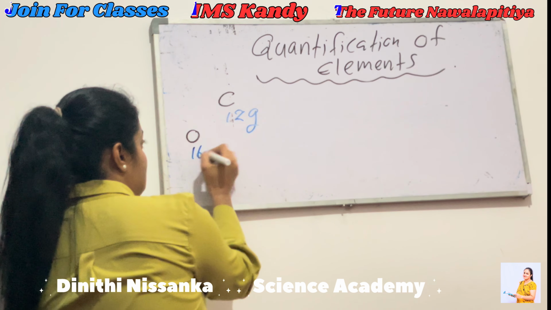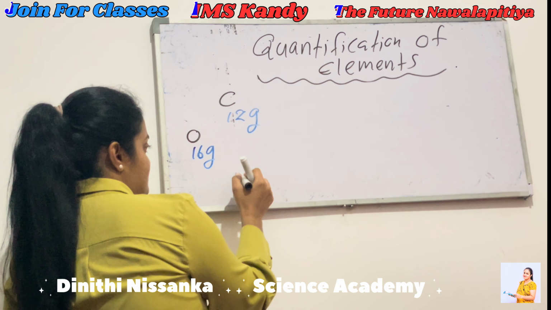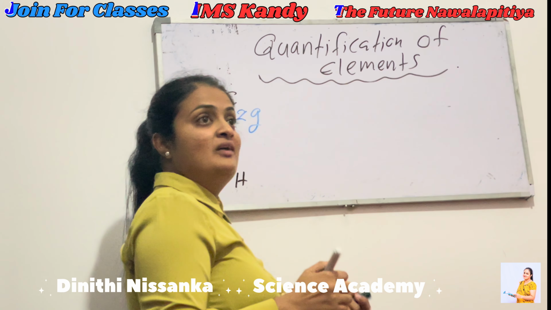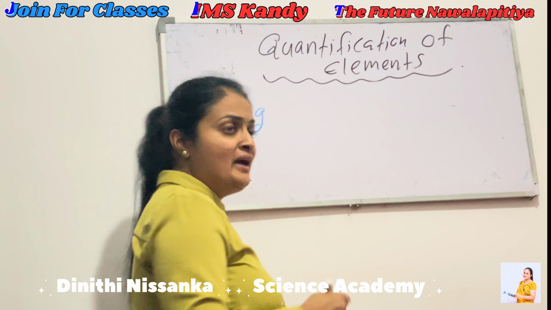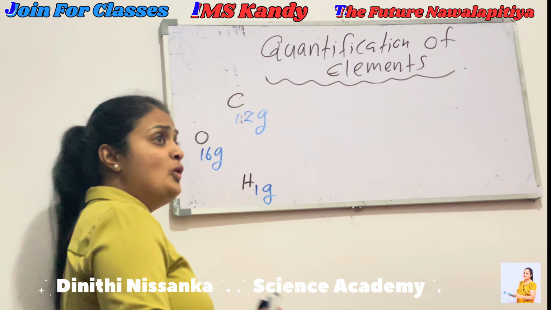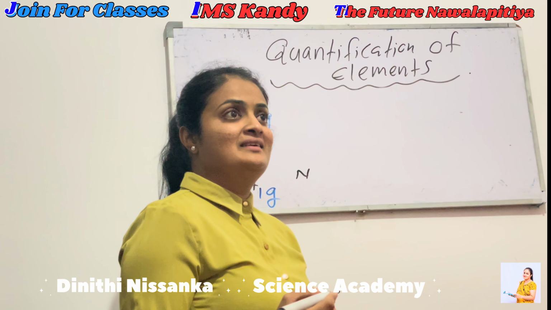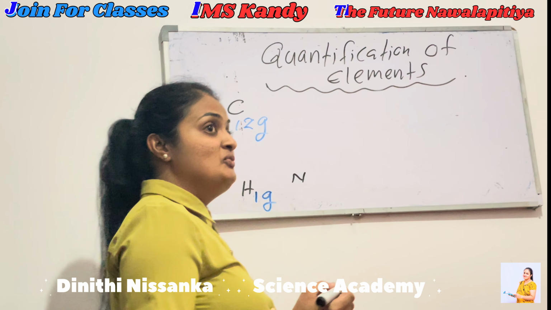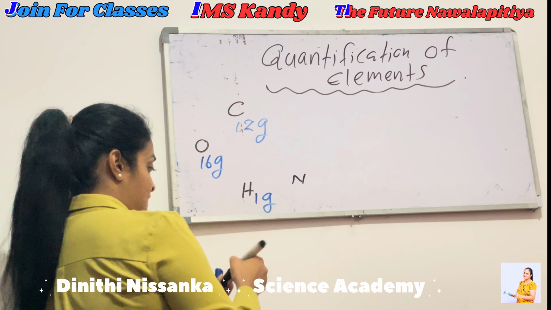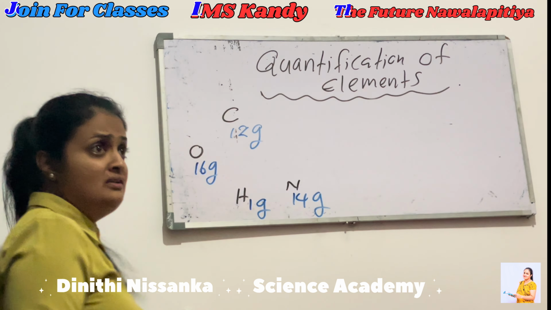Right, I take 16 grams of oxygen. Then how about hydrogen? 1, right? Then I take 1 gram of hydrogen. Then how about nitrogen? 14, no? Right. Then I take 14 grams of nitrogen.